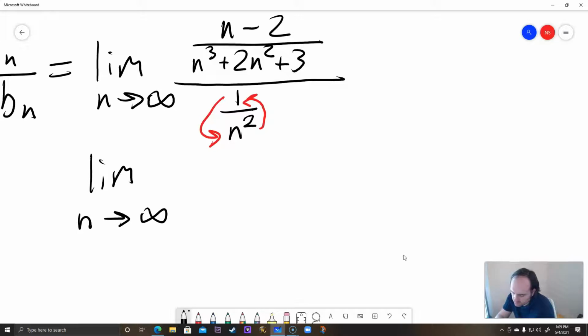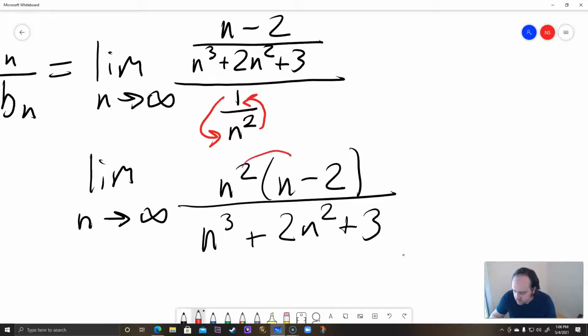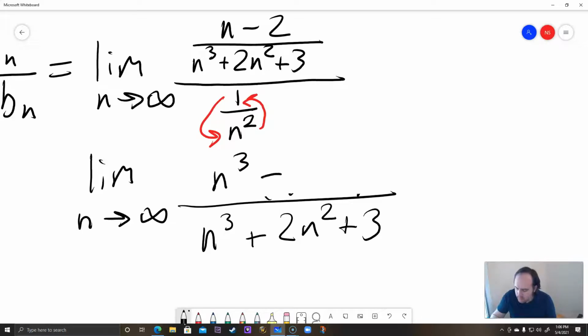After we flip that over, we have n squared times the quantity n minus 2 all over n cubed plus 2n squared plus 3. On the top here, if we distribute that n squared to each of those terms, we get n cubed minus 2n squared. So in the numerator we have n cubed minus 2n squared.